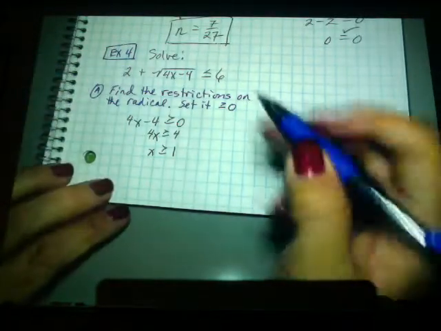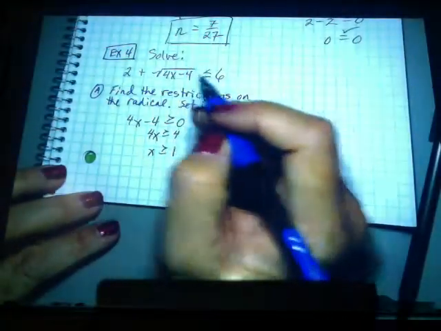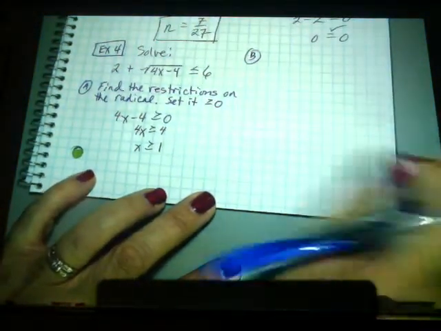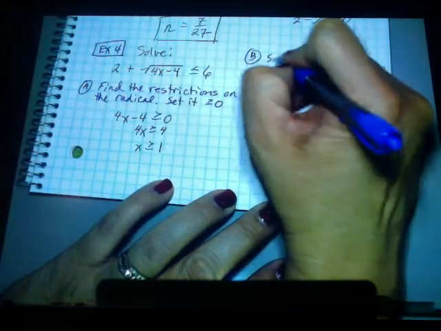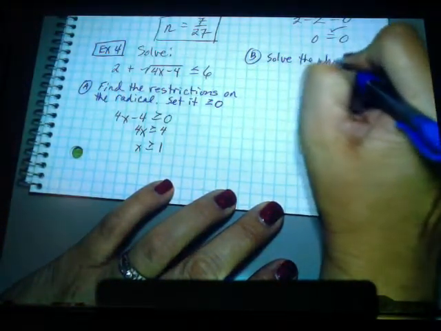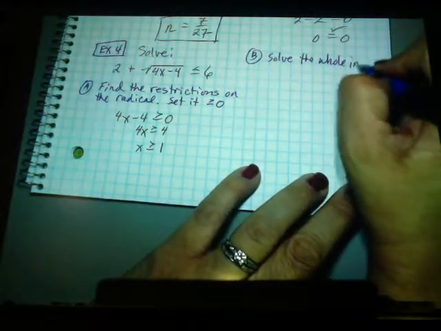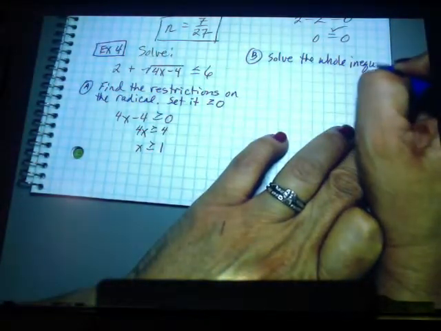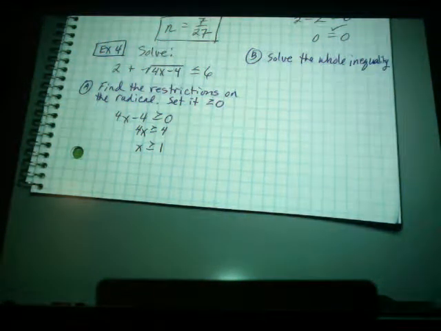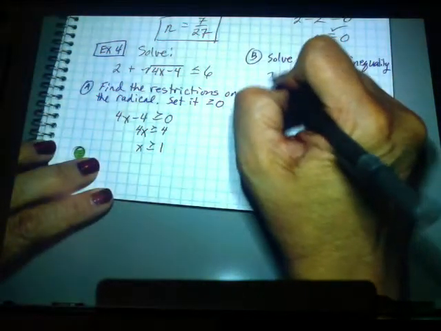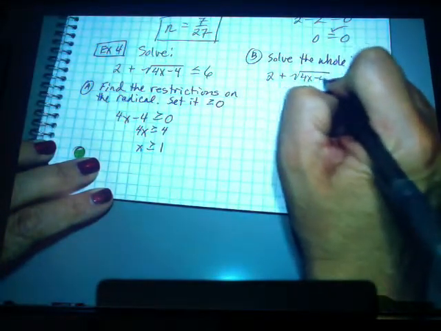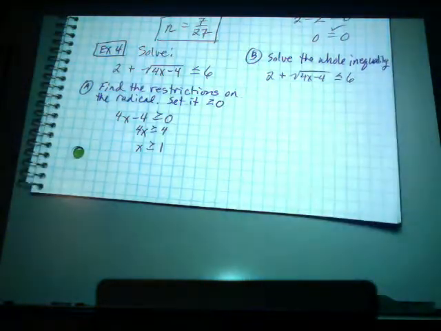Then step B, we're going to need some room, so B, put it up here. You're going to solve the whole inequality, the whole enchilada. So we're going to take 2 plus the square root of 4x minus 4 is less than or equal to 6.